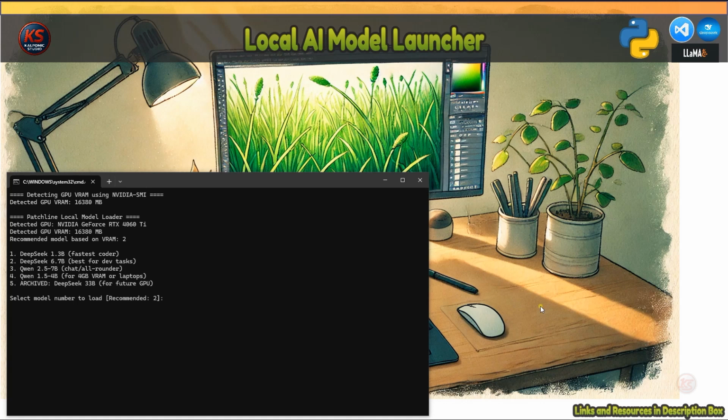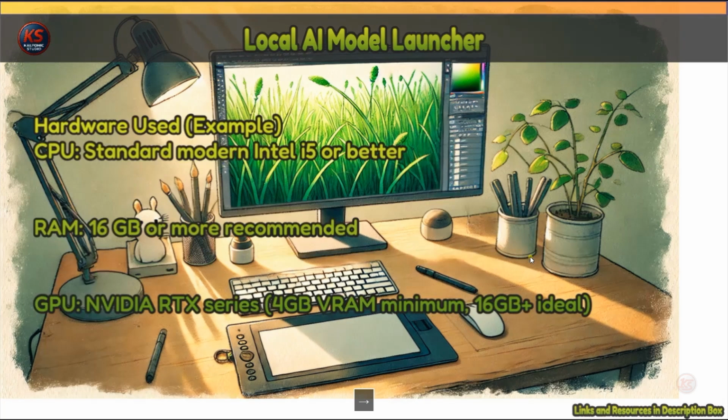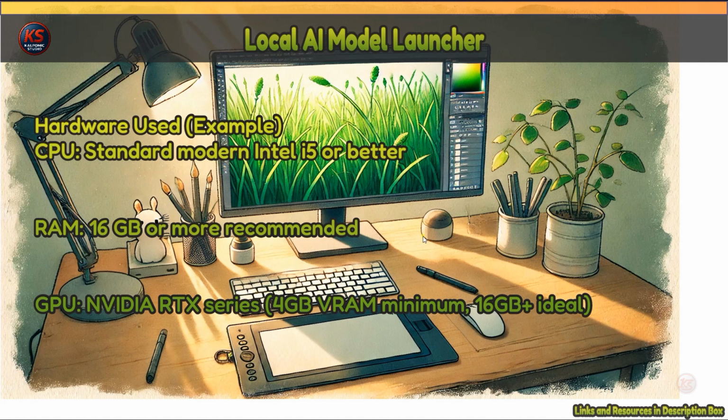For my setup, I have an i5 CPU, 660 or something, and 24 gigs of DDR4 RAM, but the CPU and the RAM are 13 years old, so it's still running quite good, which you will see in a few minutes.